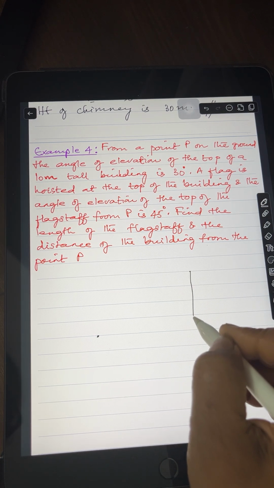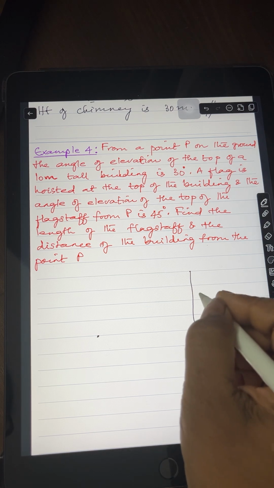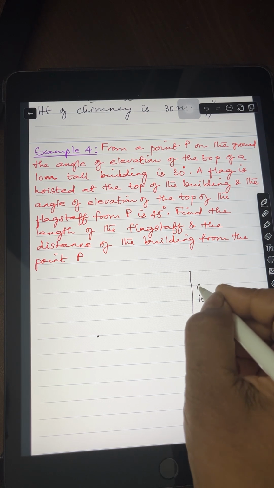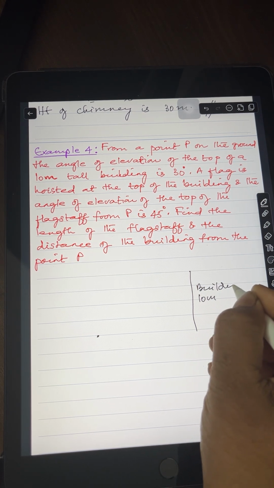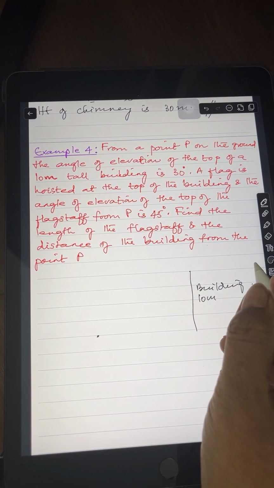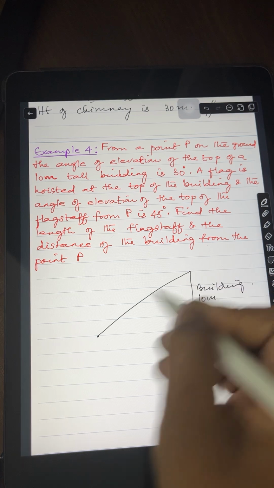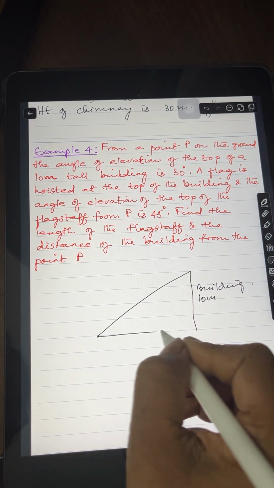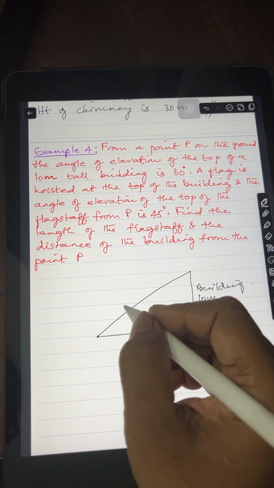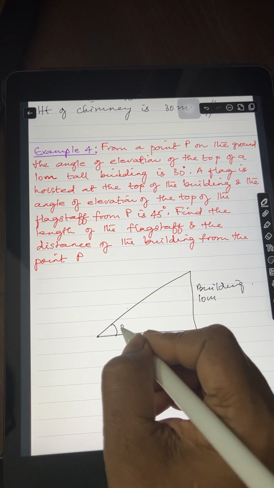Suppose this is the building, 10 meter tall building. Angle of elevation, he is saying it is 30. This is the horizontal line. This is the line of sight. So this is the angle.